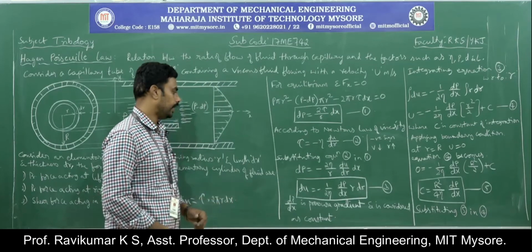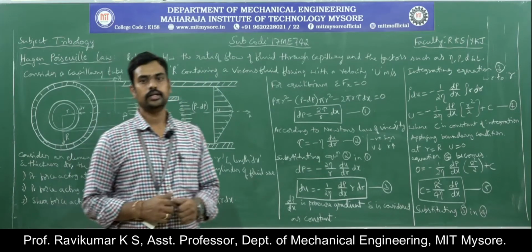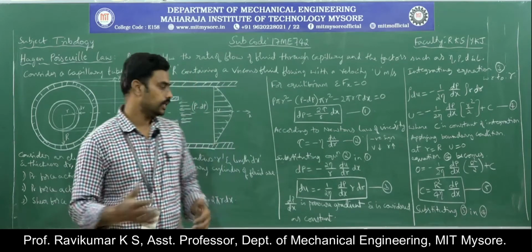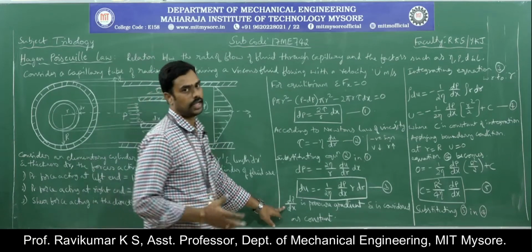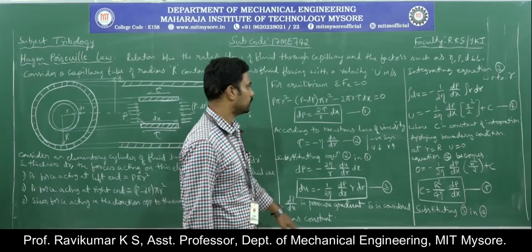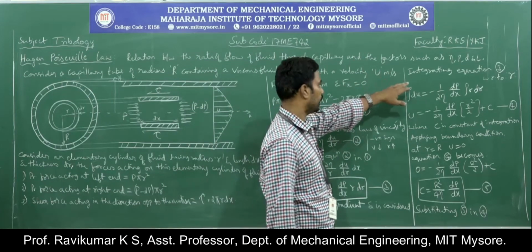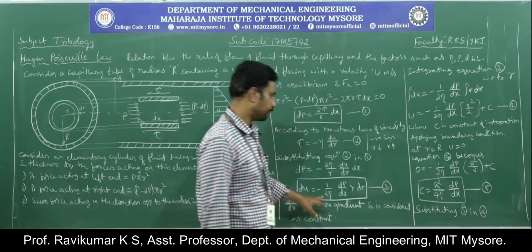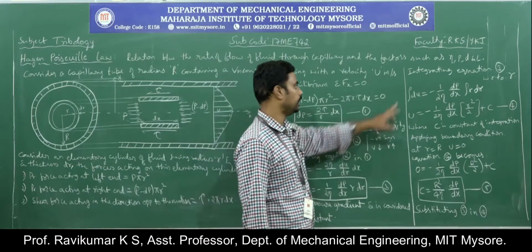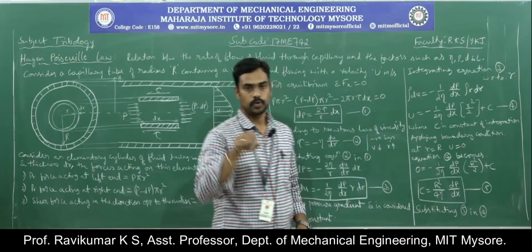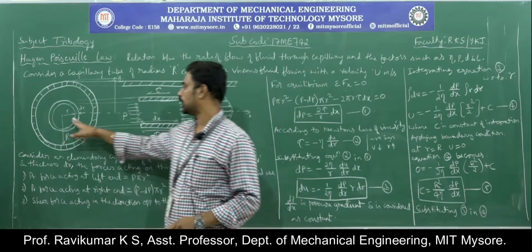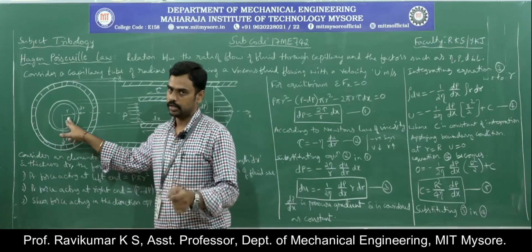Now dp by dx is the pressure gradient. The pressure gradient is considered constant here. Since it is constant, we need to integrate equation 3 again. Integrating equation 3 with respect to small r, because small r is considered a small elemental radius.